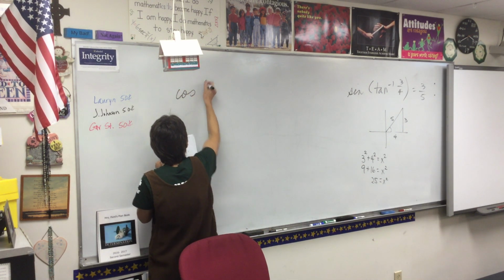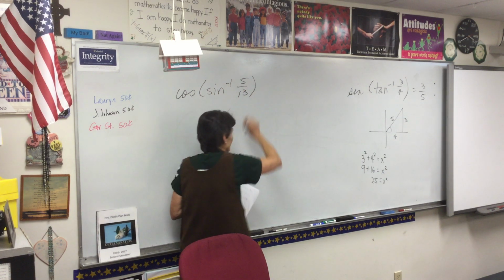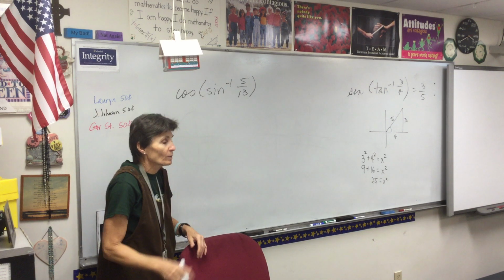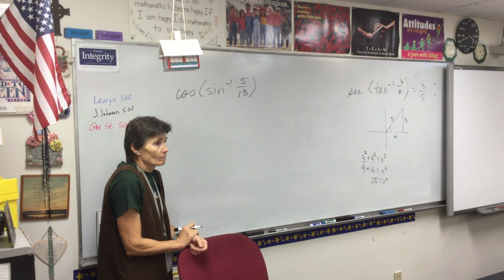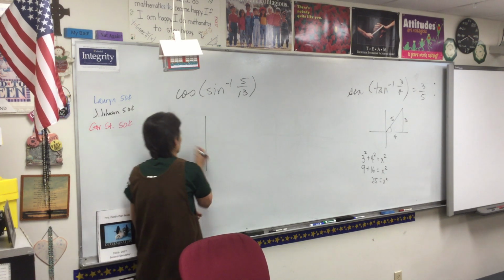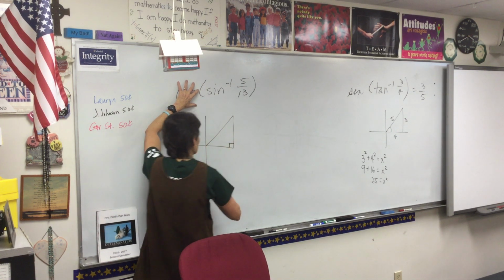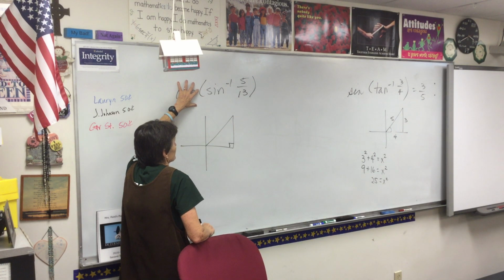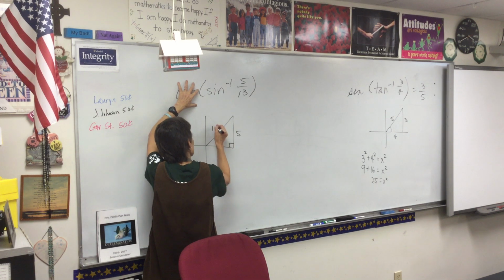All right, here we go. Here's another one. Who can tell me how to start? What is the first thing I want to do? Draw a triangle, because I'm not looking at this right now. I'm going to draw a triangle, and I'm going to label a couple of the sides, right? It's a sine, 5/13. So 5/13.